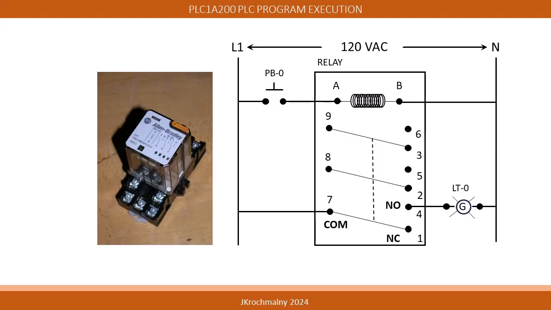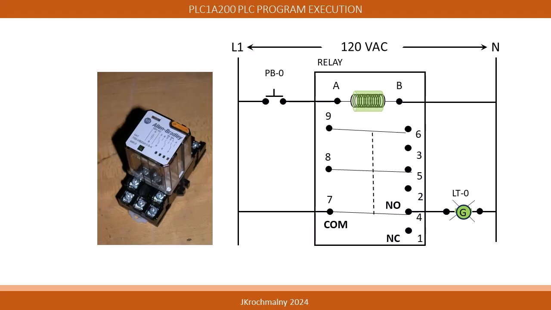Notice also that the associated contacts made up by the relay terminals 7, 1, and 4 are in their normal state or condition. Terminal 7 is the common. Terminal 4 is the normally open contact, which, when the relay coil is energized, will close.